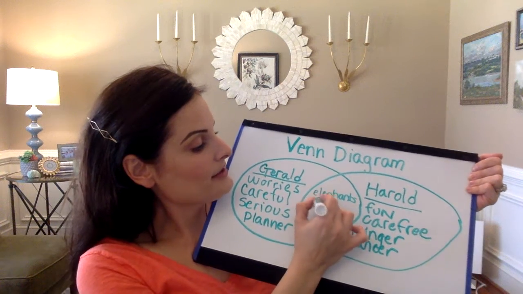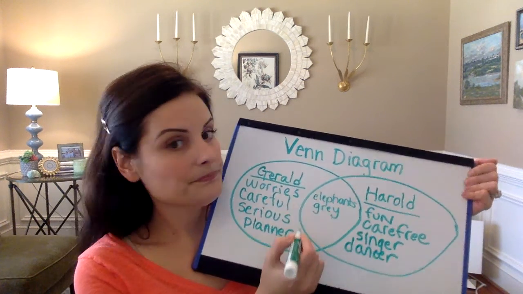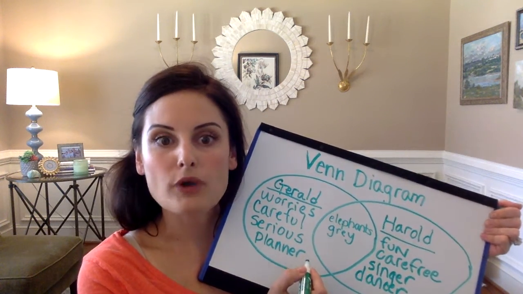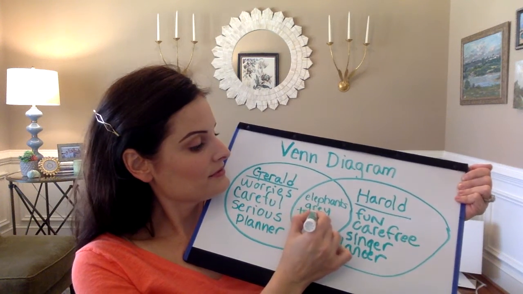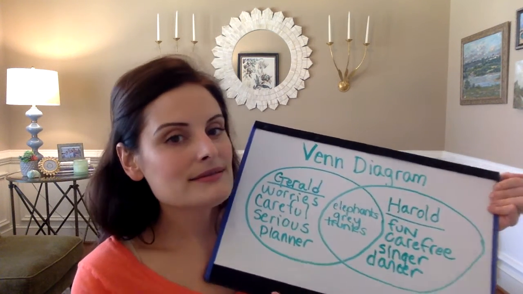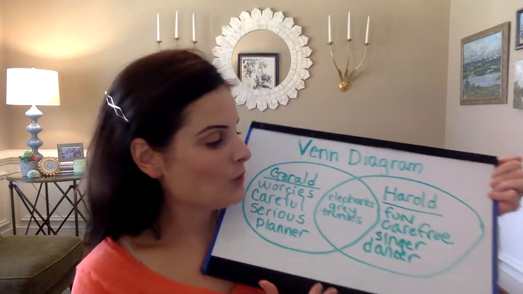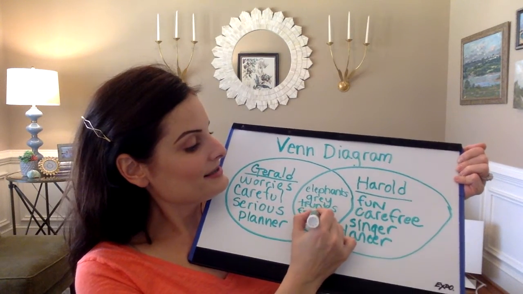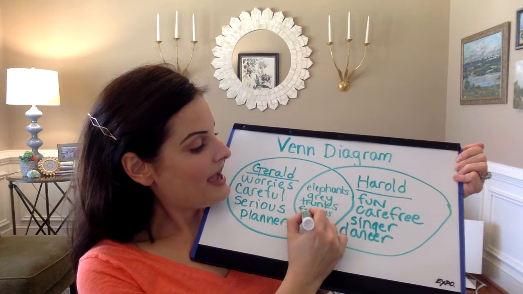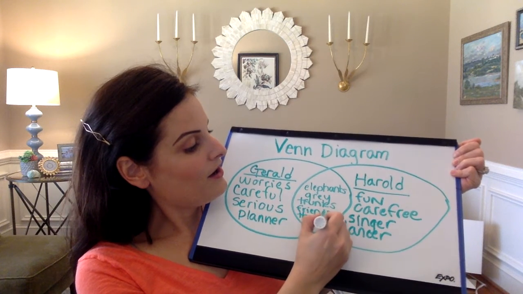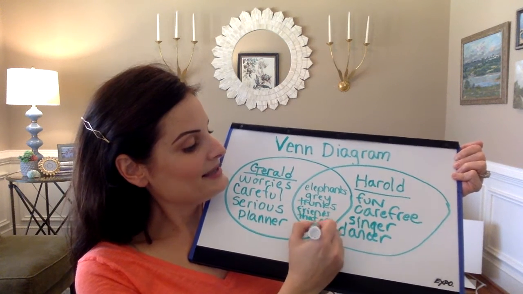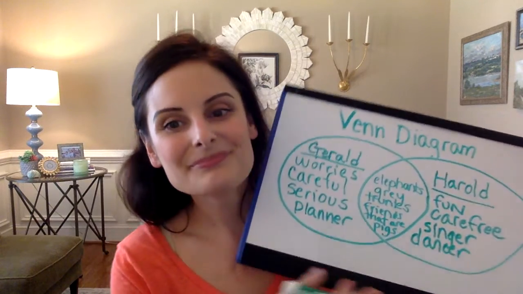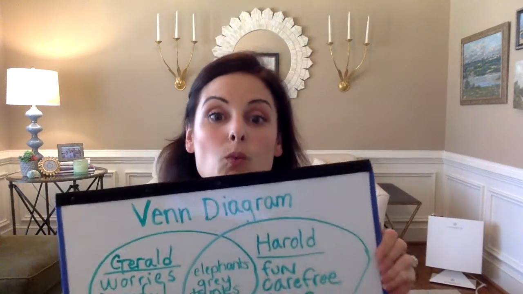They're both gray. They both have trunks. And some of you clever cats told me they both have friends that are pigs, right?